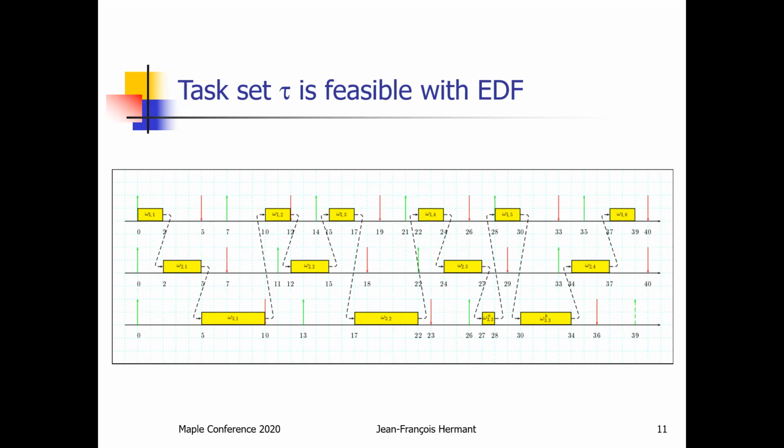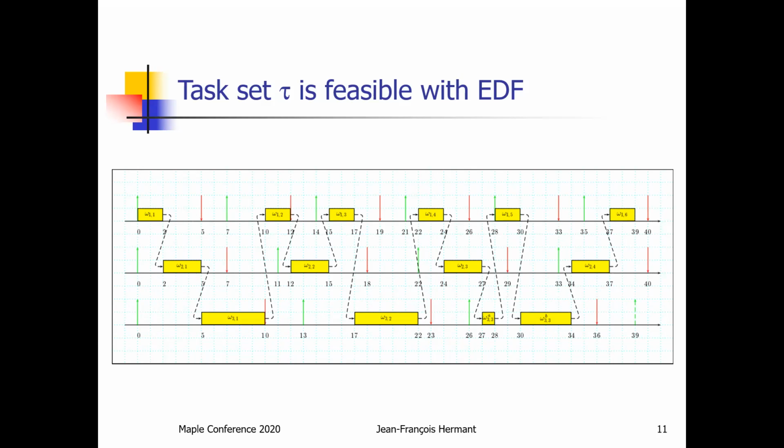Here is the EDF schedule for task set tau. Each time there is an activation request for a task tau i at a time t, we compute its absolute deadline t plus Di. All the tasks are sorted in an increasing order according to their absolute deadlines. The task with the earliest absolute deadline is always scheduled first.